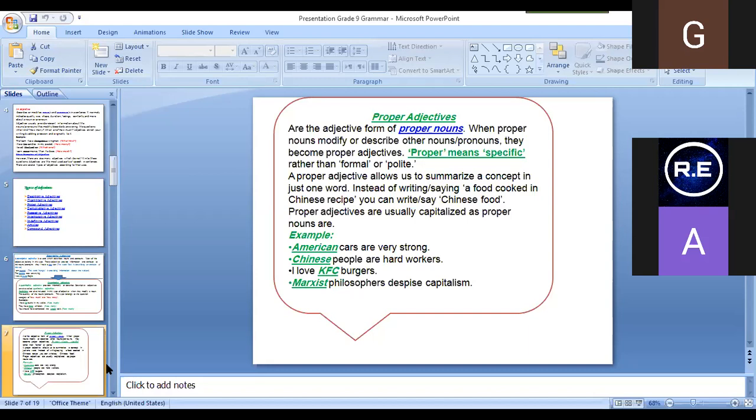Like, for example, American cars, American curriculum, American schools have a very good system. Chinese people eat disgusting food. I love McDonald's burgers, not KFC's. I like McDonald's burgers, but I can't be promoting, so that's why I figured KFC and burgers, they don't get along.